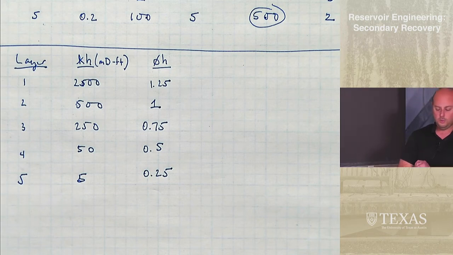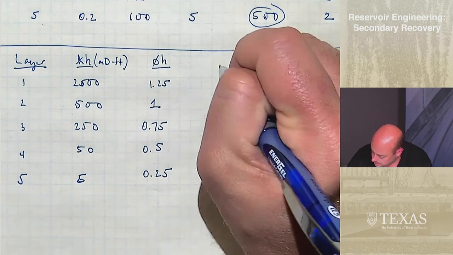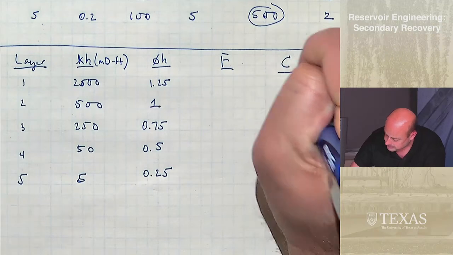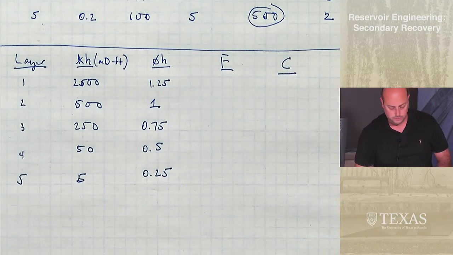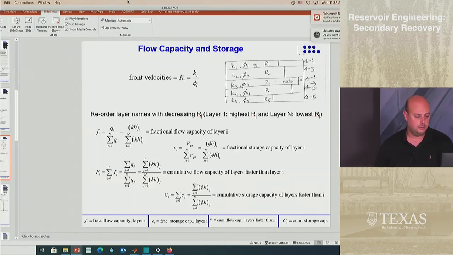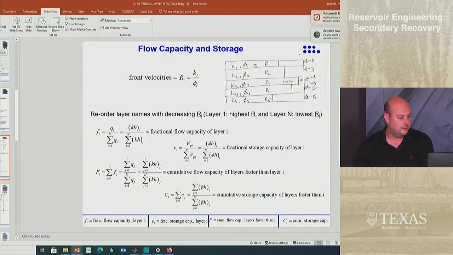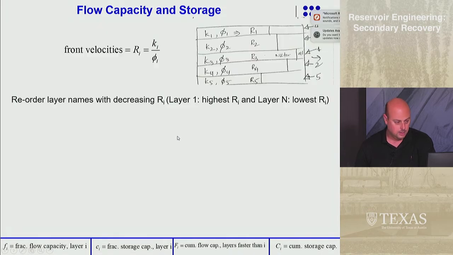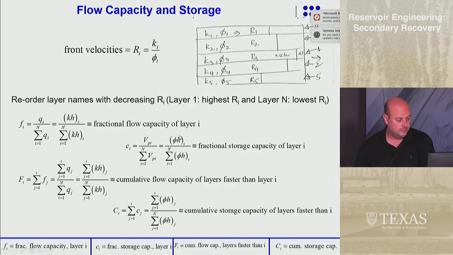Okay. And what I want to calculate is my capital F and my capital C. Let's go back to our slides here, and I can see for F, on the denominator, I got the sum over all samples of kh. And for the C, the cumulative storage capacity, I've got the sum over all samples of the porosity times the thickness. Okay.